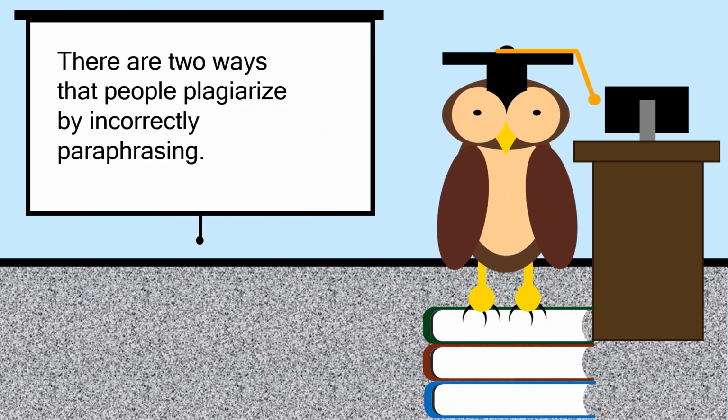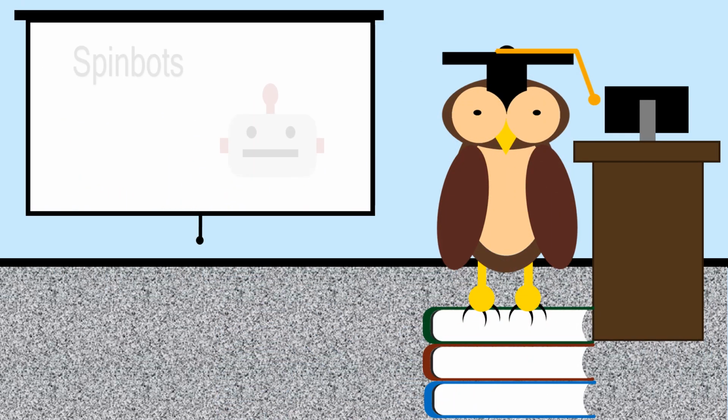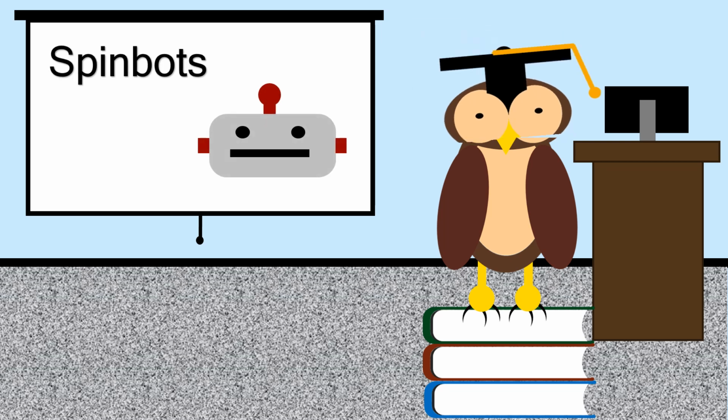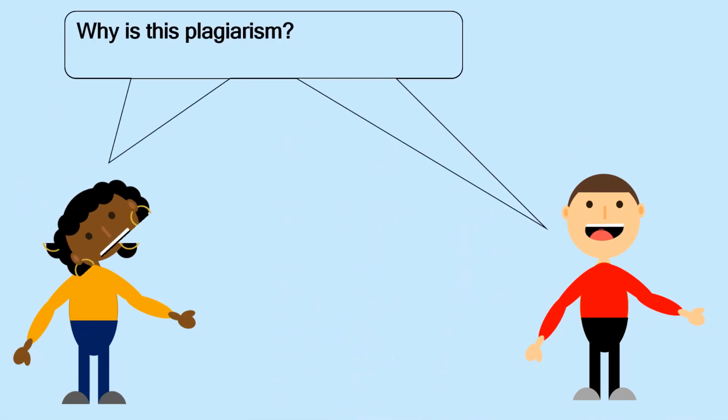There are two ways that people plagiarize by incorrectly paraphrasing. The first way is using spinbots. Spinbots are computer programs that are available on the internet that change many words in your paragraph. Why is this plagiarism?